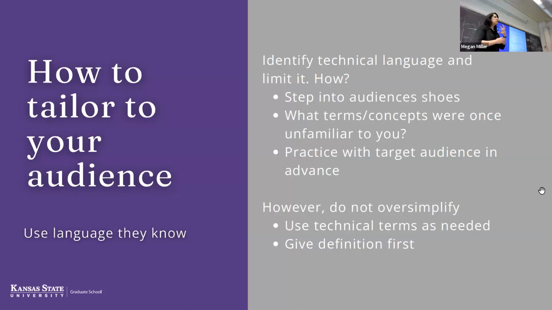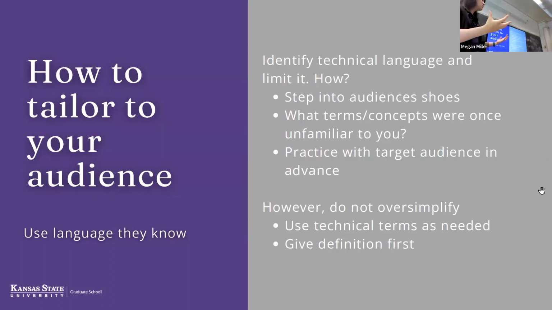As you're examining the language that you're using in your presentation and communication of your research, a couple of approaches to reframing your work or using different language is to use technical terms as needed. There might be some words where there's really just no replacement for this.